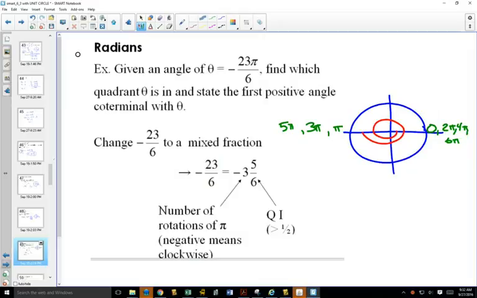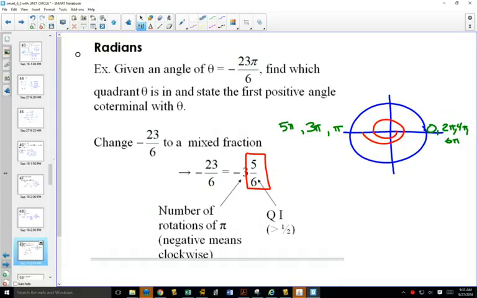And then the second part of the fraction, all you're going to look at is whether this fraction is more than half or less than half. Because when we're talking about going by pi, that's only half around the circle. 1 pi is only halfway around the circle. 2 pi is another half. 3 pi is another half.